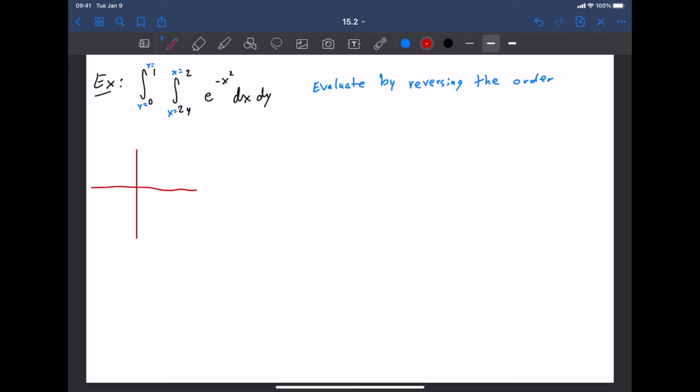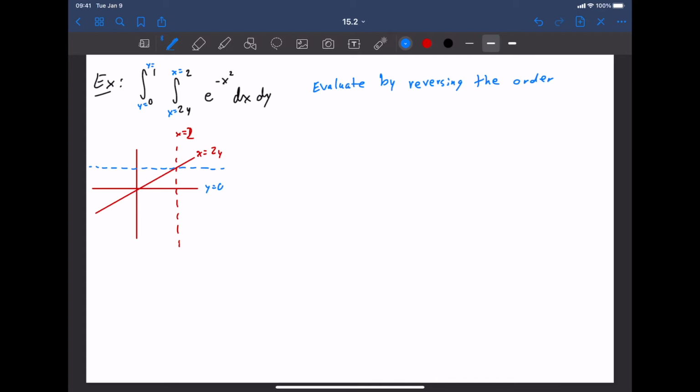Now, my region says if x is supposed to go up until x equals 2, and we're supposed to start with x equals 2y, it's a lot like the last one we just did, it would be a line. You can use solid lines, I don't know why I'm switching. y equals 0 is, of course, the x-axis. y equals 1.